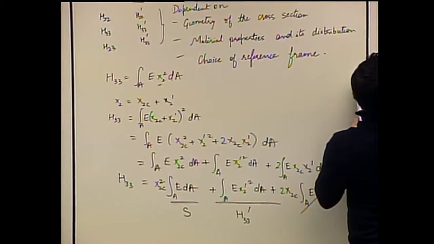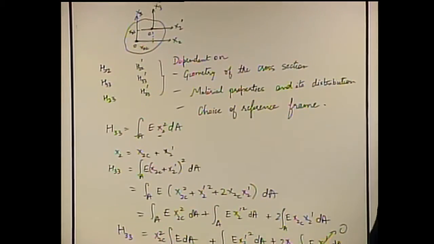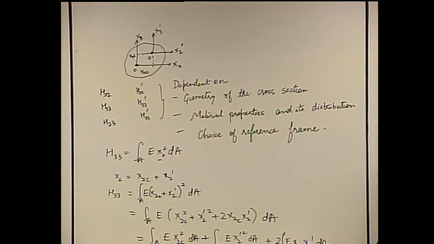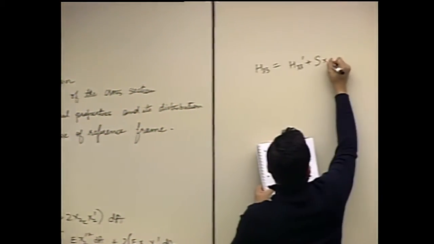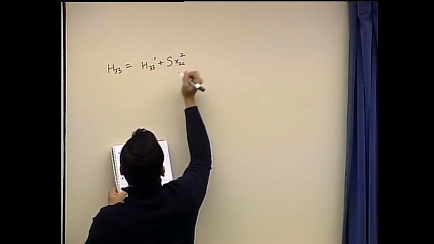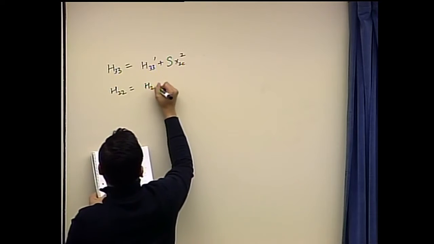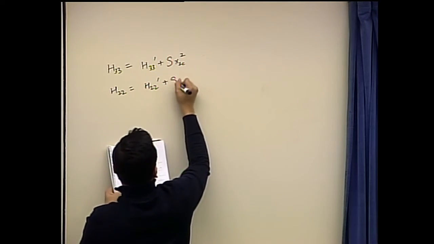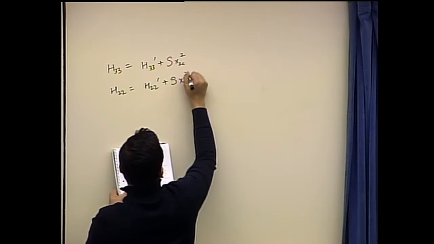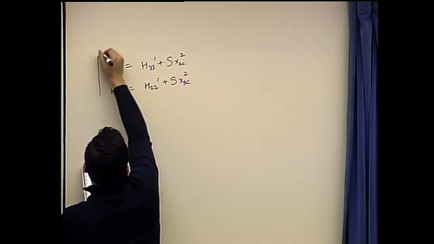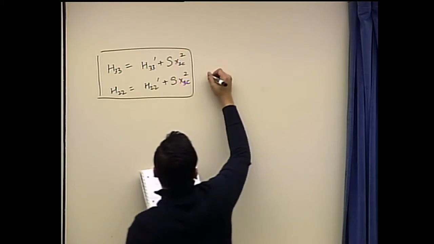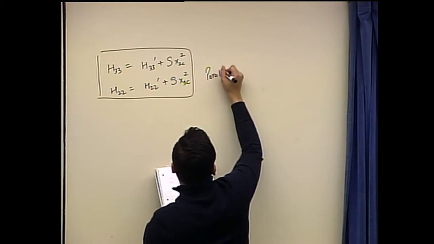So we can say that H33 is equal to H33 prime plus S times x2c square. H22 is equal to H22 prime plus S x3c square. This is sometimes referred to as parallel axis theorem.